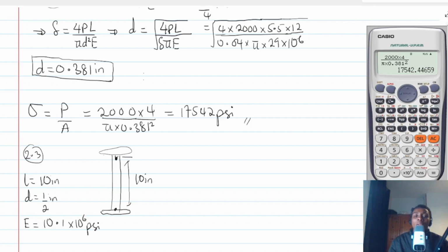Okay. So we have the gauge distance, which represents the length inside the strain testing machine, or the tensile test machine, 10 inches. The diameter is half inch, and we have the Young's modulus.